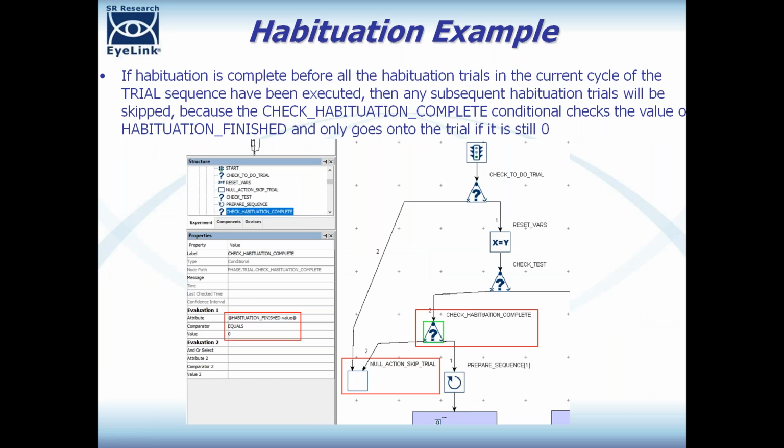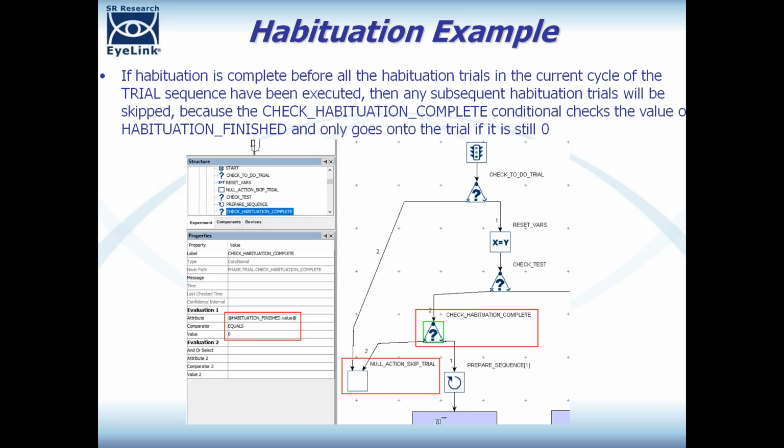Okay, then let's imagine we're on trial number 7. So we've done 2 rounds of 3. Remember, each full cycle of the trial sequence has 3 habituation trials in it: a flower, tree, and bikers.